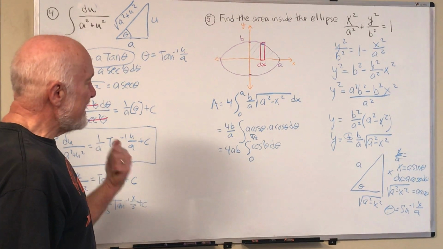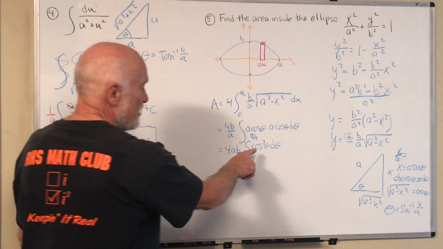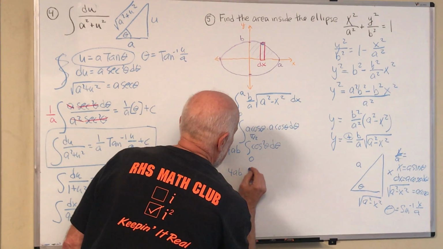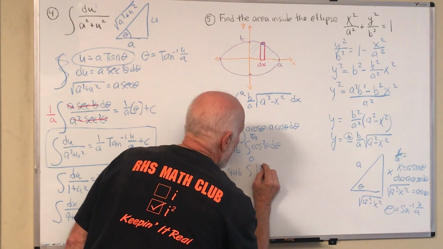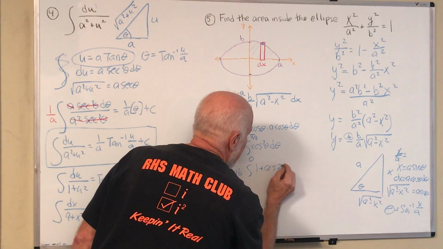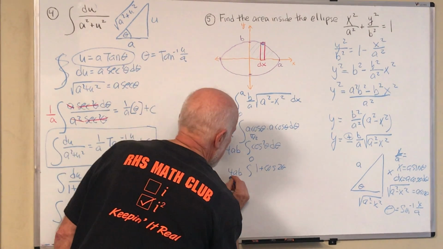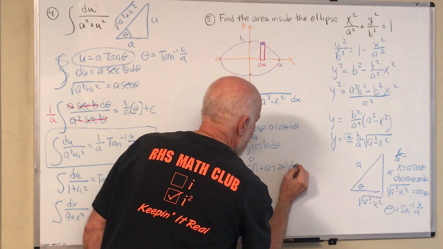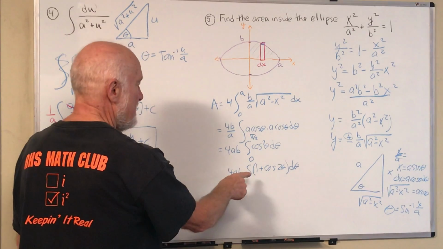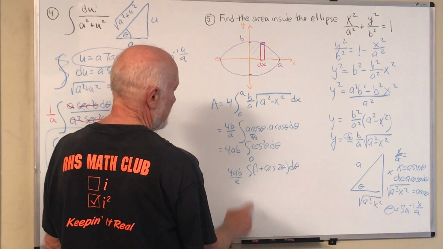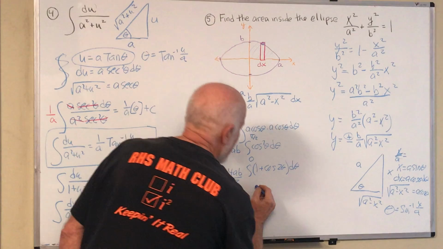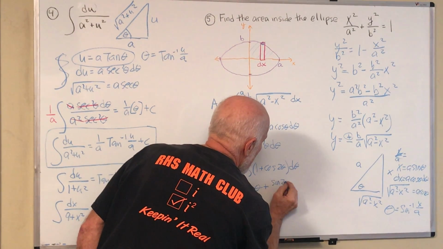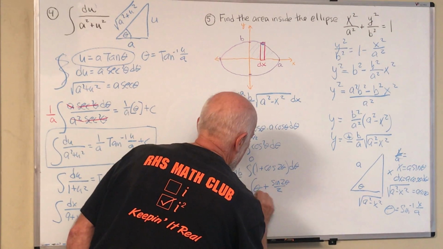Now, if you remember back to the last talk, cosine squared we can't do directly, but we can make it 1 plus the cosine of 2 theta all over 2. So I could bring that out front, and then I can take my antiderivative. The antiderivative of 1 is theta, and this is the sine of 2 theta over 2.